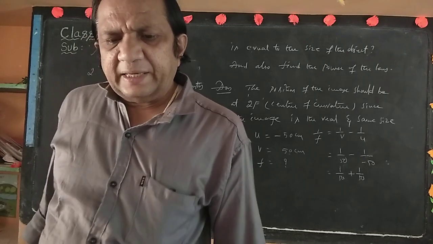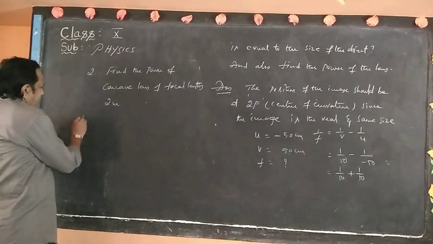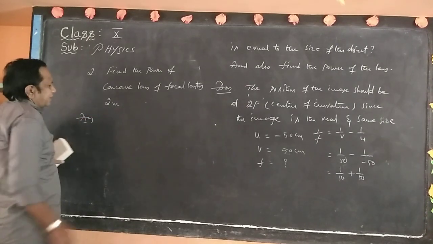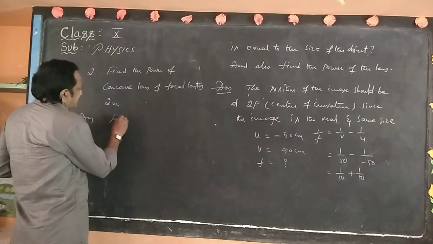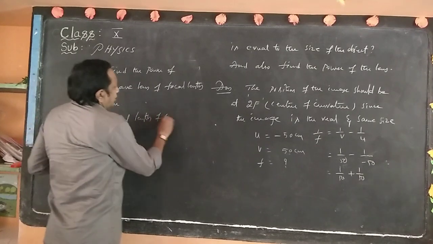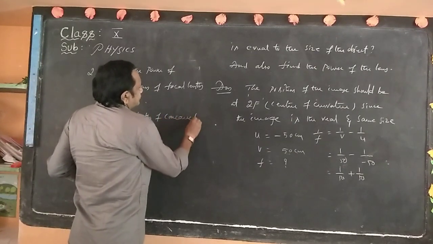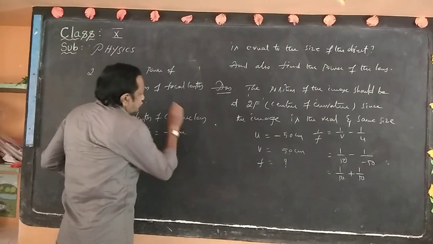So for a concave lens, focal length must be negative. Focal length should be taken as negative. So focal length of the concave lens, f is equal to minus 2 meters.